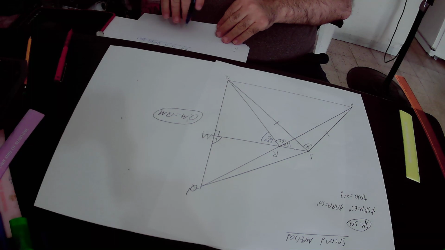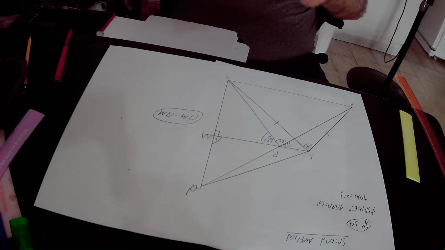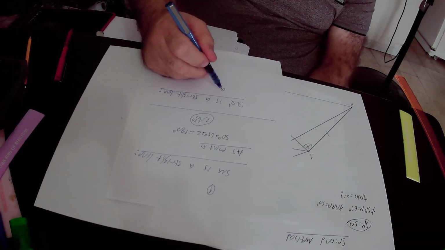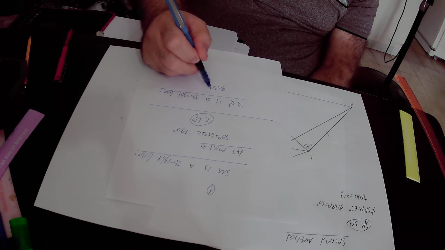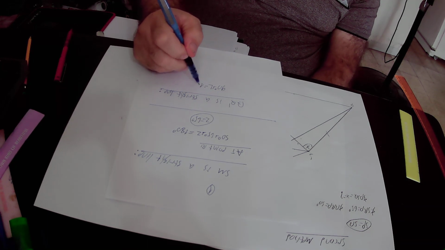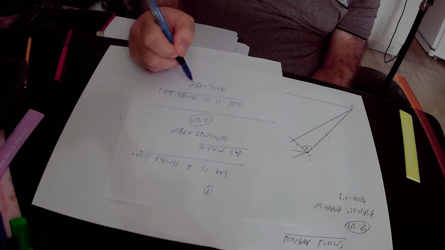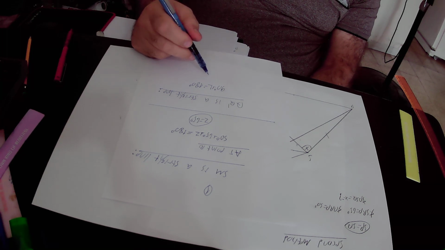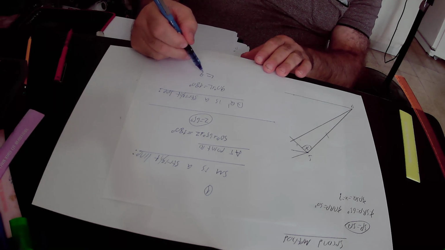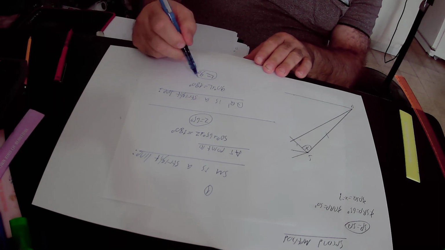So we will get that 90 degrees plus the size of angle L equals 180 degrees. Here we will subtract 90 degrees from this equality and we will get that the size of angle L is actually 180 degrees minus 90 degrees, which is 90 degrees. So it is a right angle.